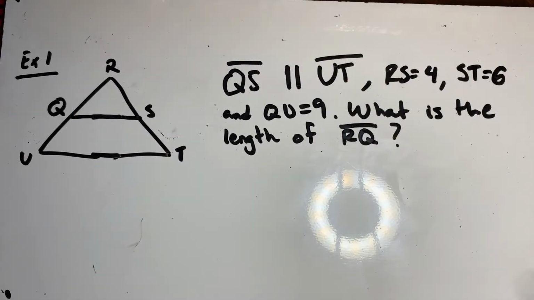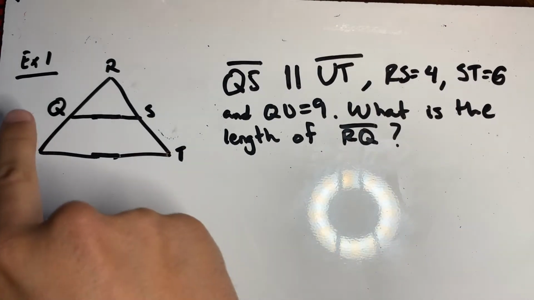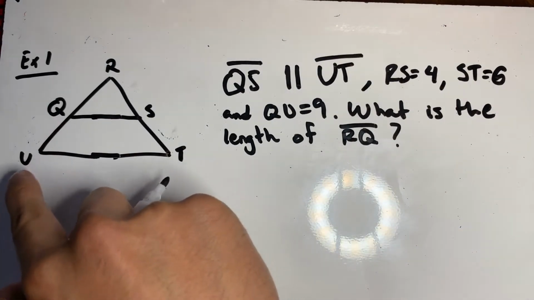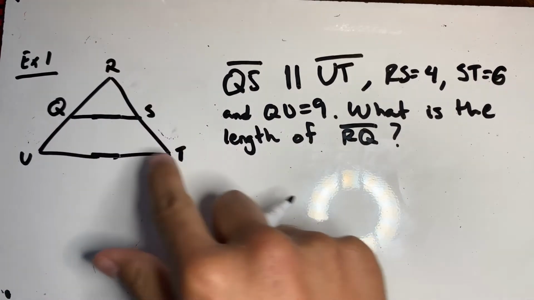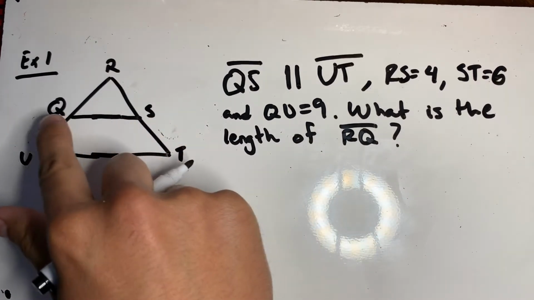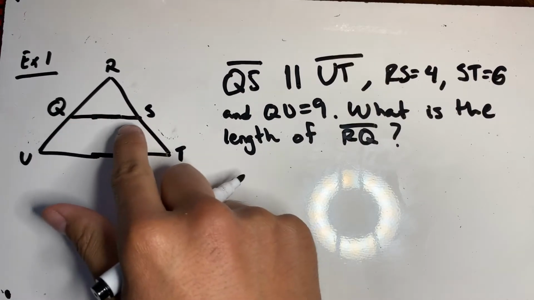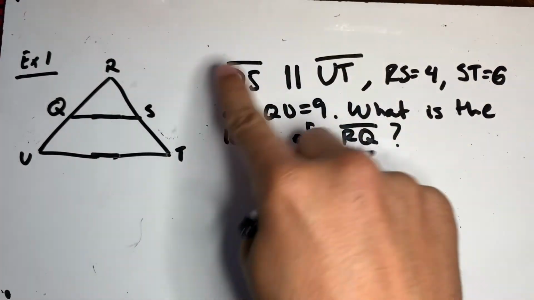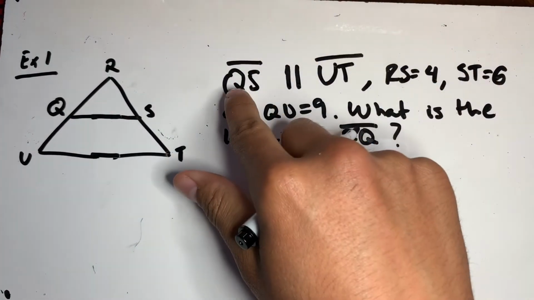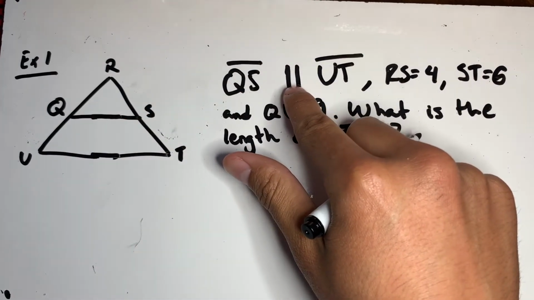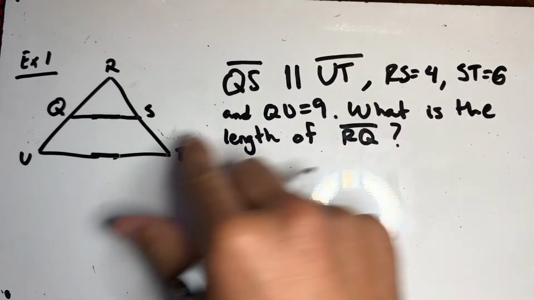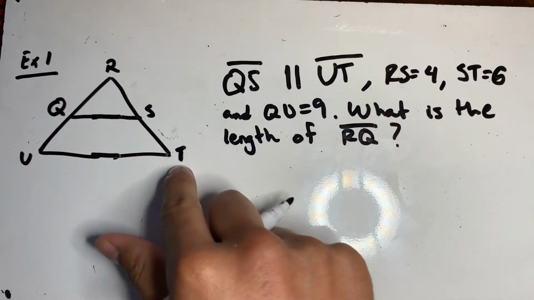All right, so check it out. So in this example 1, we have this triangle, so triangle URT, and this line segment QS that cuts into it. And in this problem, they give us this information. So they tell us that QS, so this line segment, is parallel to UT, line segment UT.